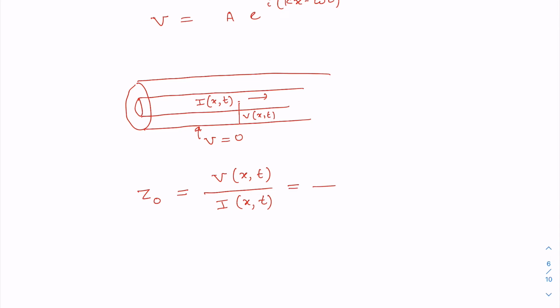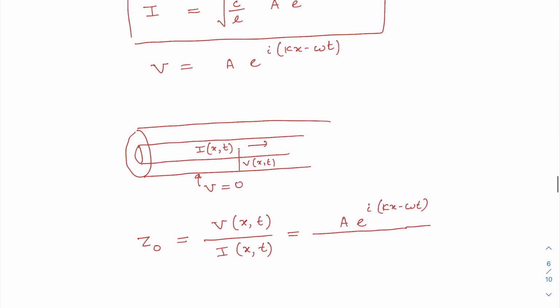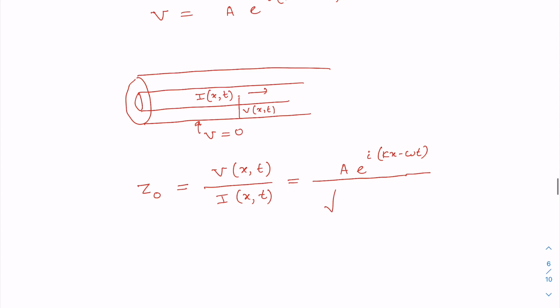So V(x,t) is A e^(i(kx − ωt)), and the current, we already know this expression, is square root of small c by small l, A e^(i(kx − ωt)).